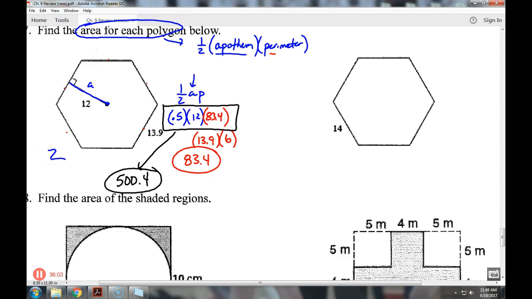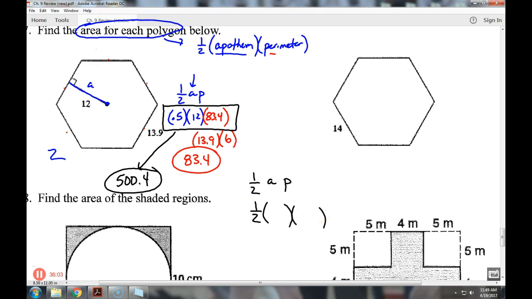Alright, now we get into the rough one. This one's kind of tough because all I'm giving you is a side. So I start off with my generic formula. I need 1/2, I need A, and I need P. And I have neither of those numbers. So P shouldn't be too bad though.